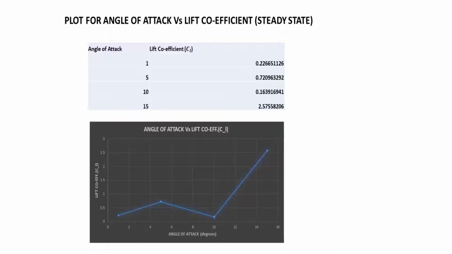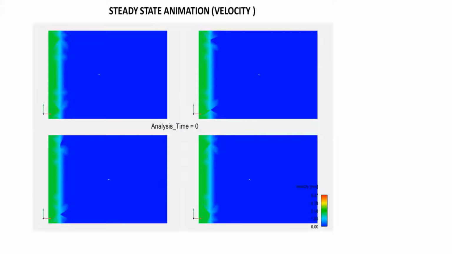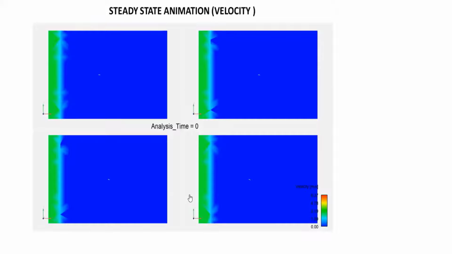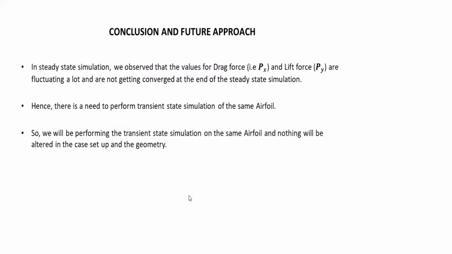Lift coefficient is increasing, then decreasing, then increasing. This is the trend I'm getting from the steady state solution. The trend is right, but the solution has blown up, so I can't trust these results, right? So I have to run the steady state. This is basically the steady state simulation results. I'll show you if it allows me to play. Okay, never mind, I'll open it from there, right?